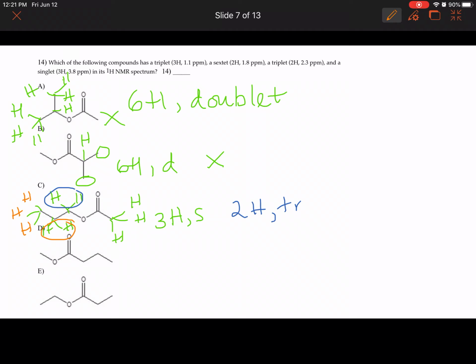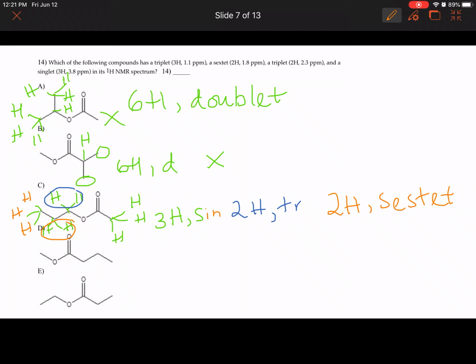So there are 5 hydrogens that could be the reason to split the 2 hydrogens. So 5 plus 1 would be a sextet. The orange one is going to be a 2 hydrogen sextet.